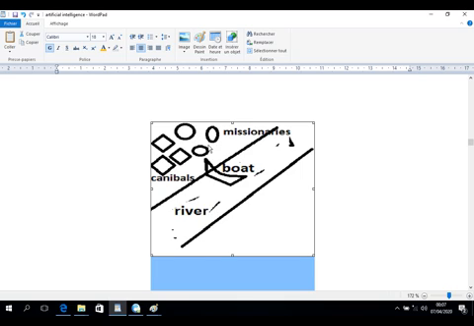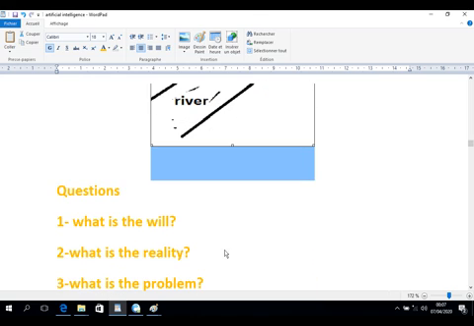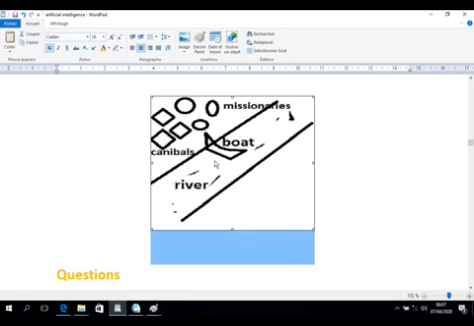So obviously the will here is to get everybody on the other side of the river. So the 3 cannibals and the 3 missionaries on this side of the river. So that is the will. Now the reality is that they are all on this side of the river.